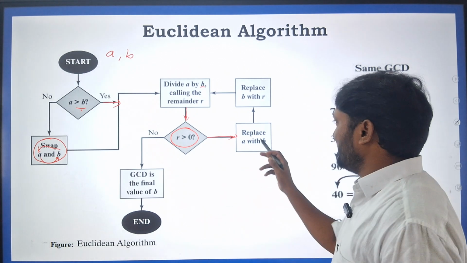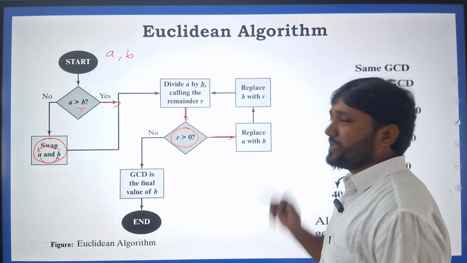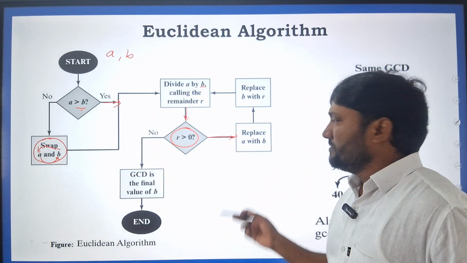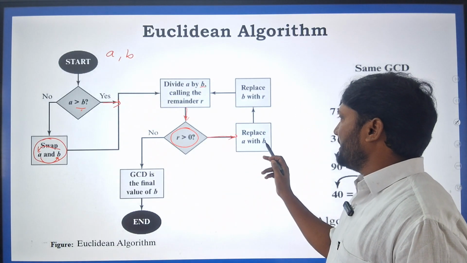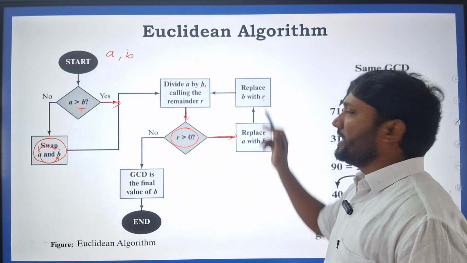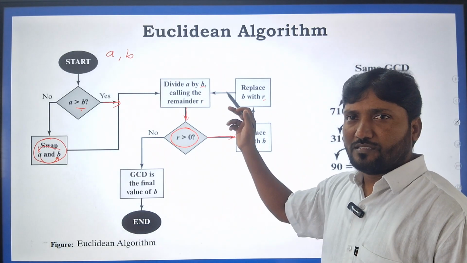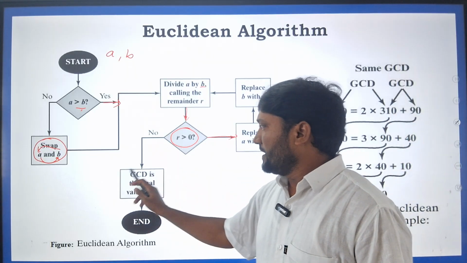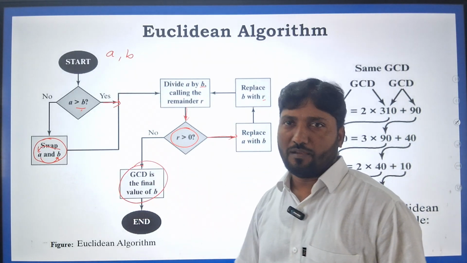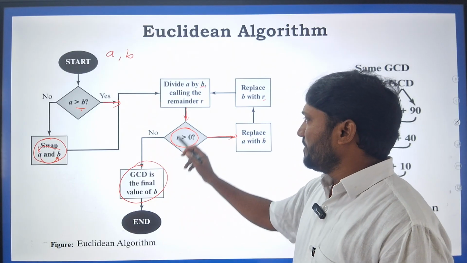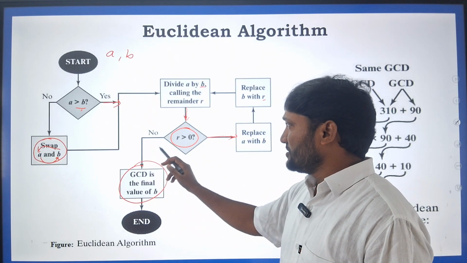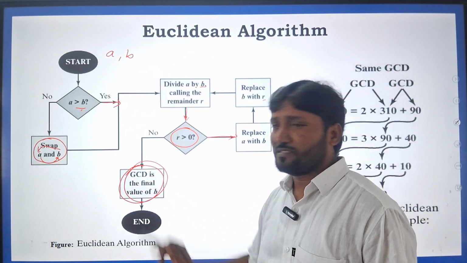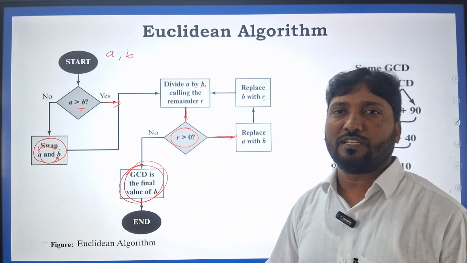If the remainder is greater than 0, then we replace a with b and b with the remainder. That is the second rule. If the remainder is 0, then the GCD is the final value of b, that value b can be considered the GCD of the two positive integers.